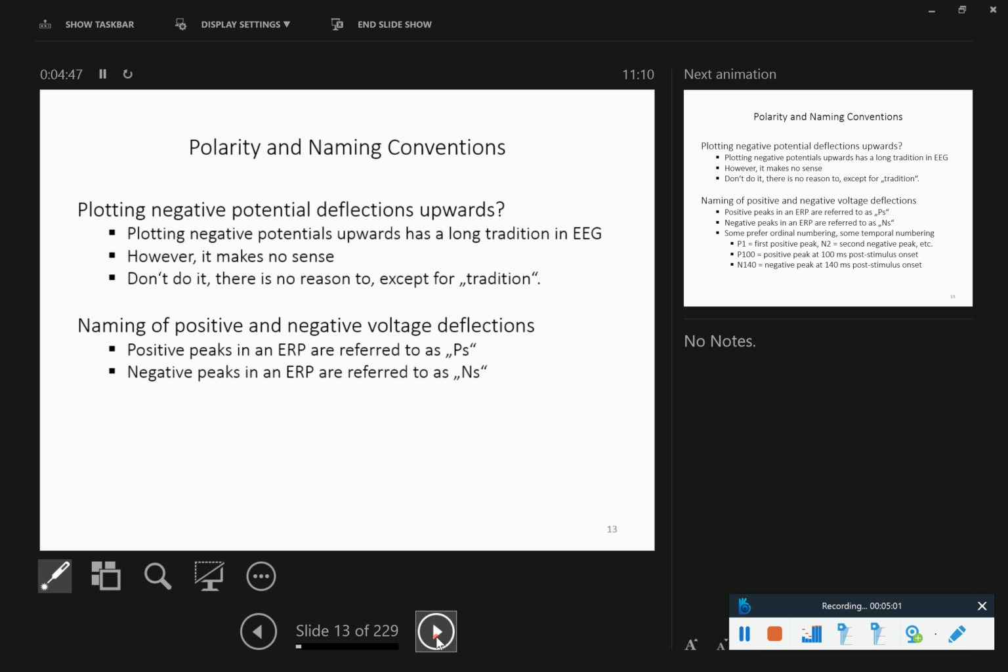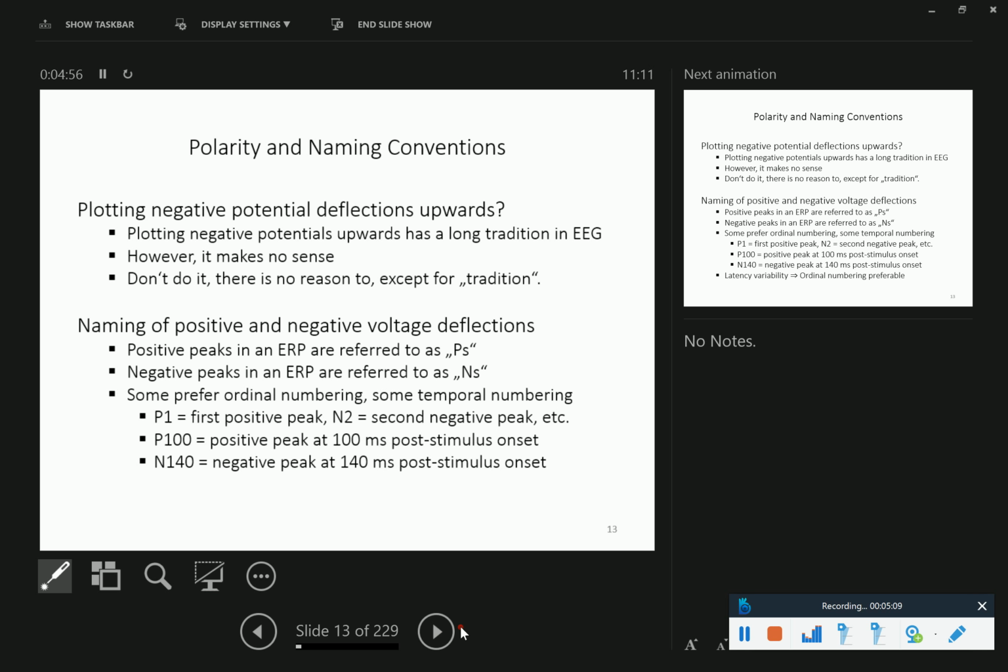An easy thing about them is maybe that positive peaks are referred to as P's, so for positive, and negative peaks are referred to as N's, and then there are two different conventions for assigning numbers, and both of them exist. You find certain ones in certain literatures and other ones in other literatures.